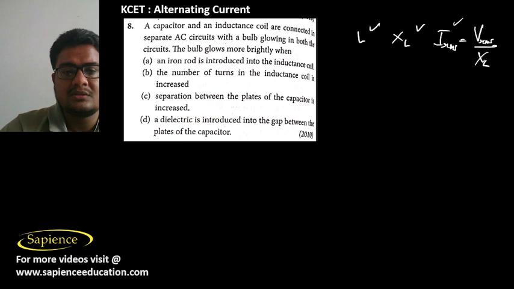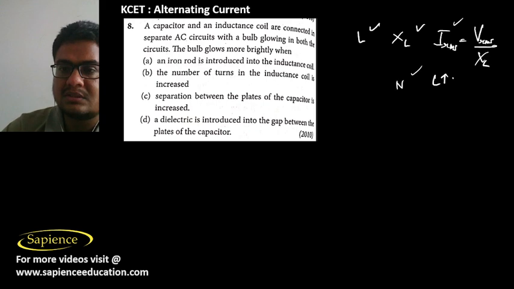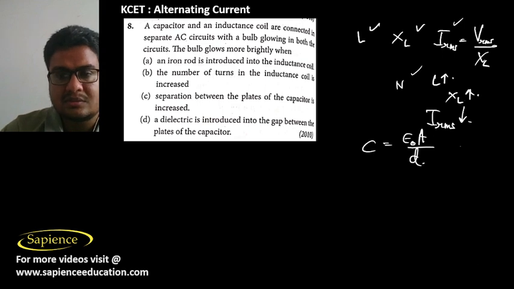If the number of turns in the inductance coil is increased, then also the inductance will increase. So inductance increases, then the inductive reactance XL will increase, so the current decreases and the bulb will glow less brightly. If the separation between the plates of the capacitor is increased, we know that the capacitance is given as epsilon naught A by D. So when the separation D increases, the capacitance will decrease.